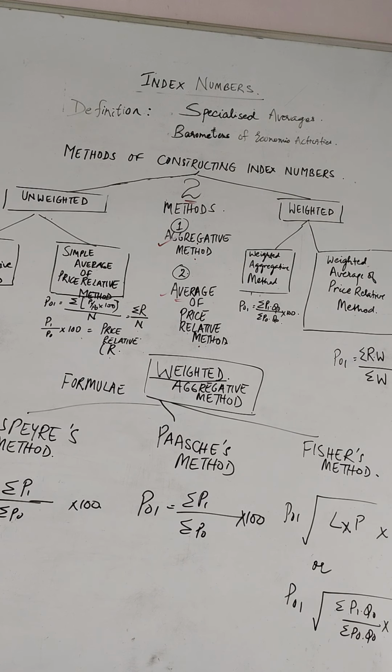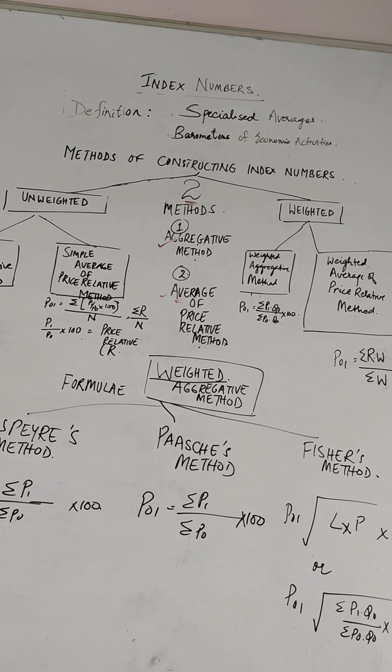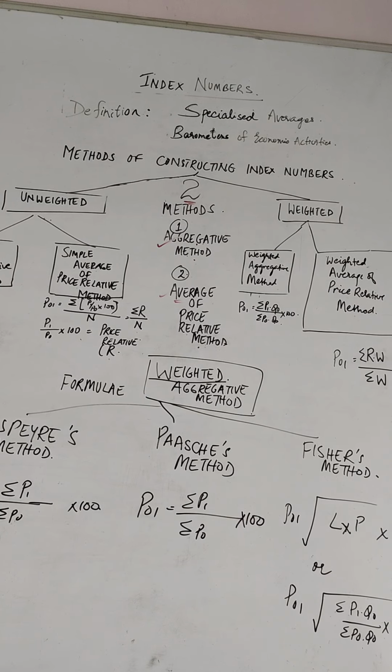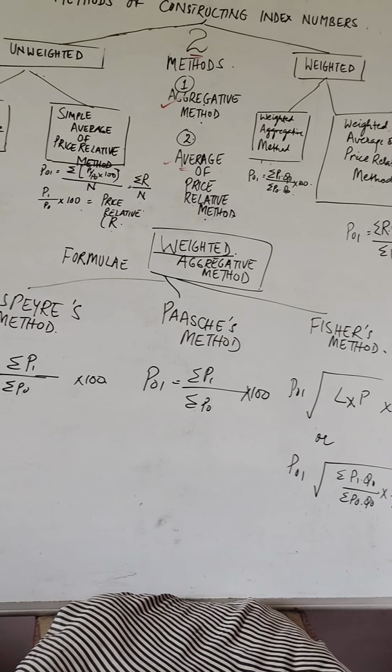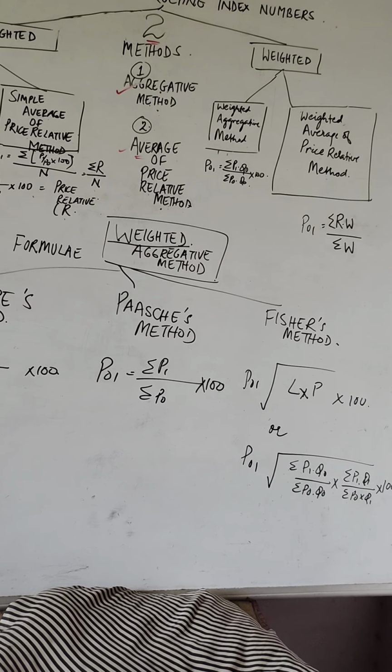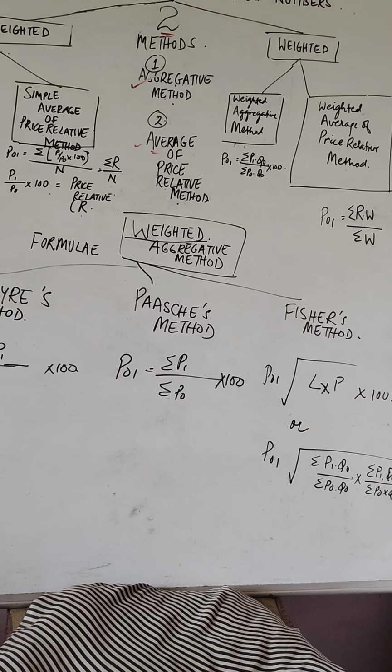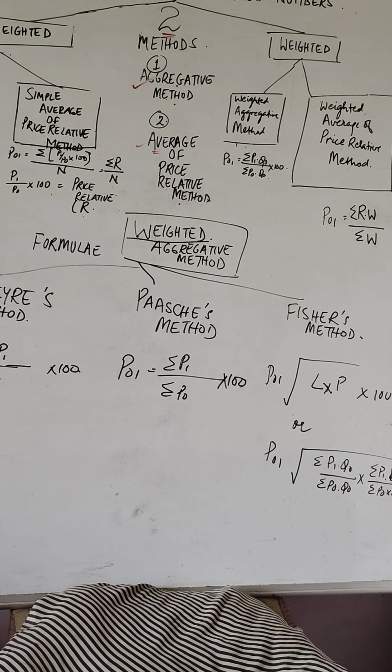So if you start assigning some importance to the commodities, then therein comes the weight. That's how we talk about the weights. So once again, if you're taking care of the importance of items, then we talk about weights.